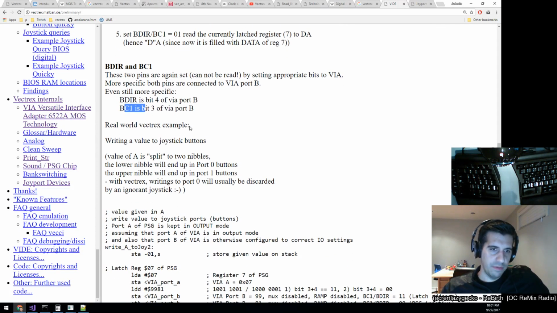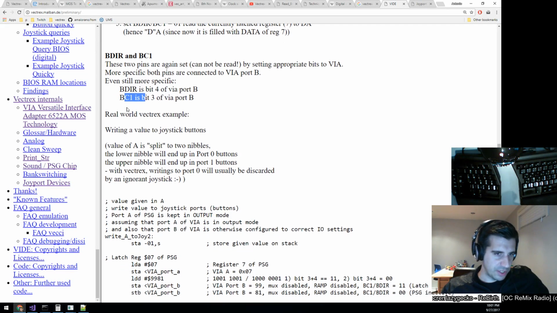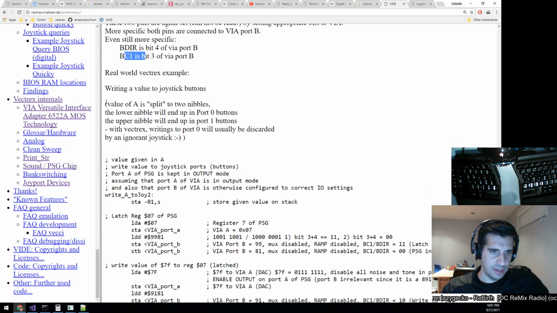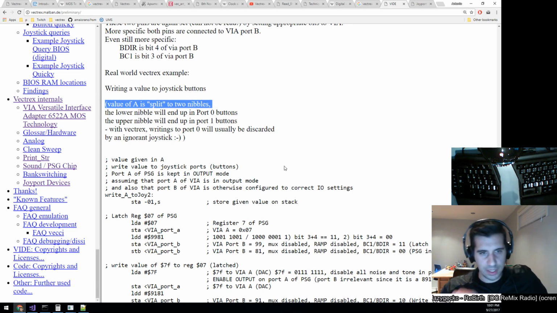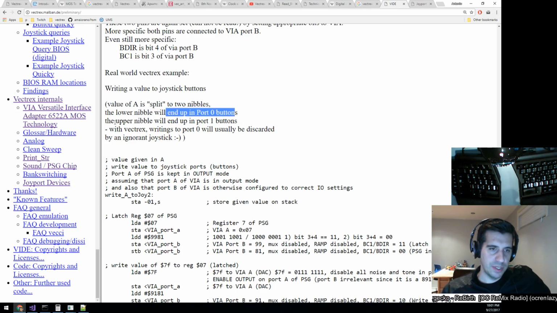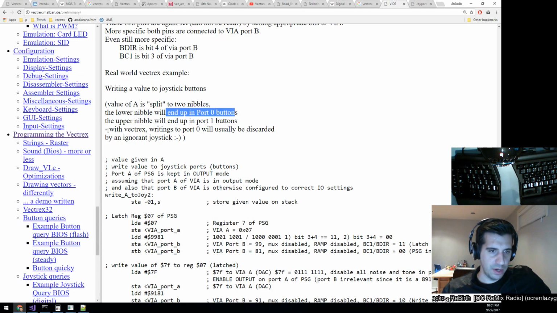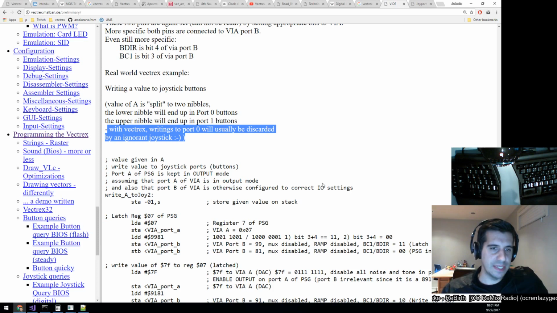Real-world Vectrex example: writing a value to the joystick buttons. The value of A is split into 2 nibbles. The lower nibble will end up in port 0, the upper nibble will end up in port 1. With Vectrex, writes to port 0 will usually be discarded by an ignorant joystick.